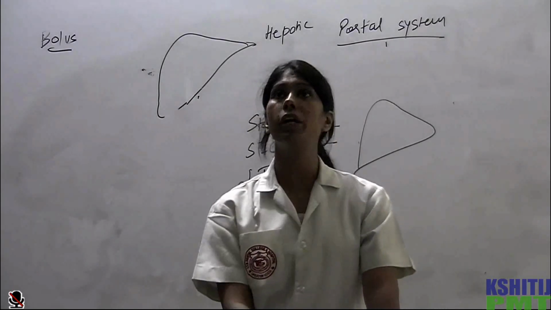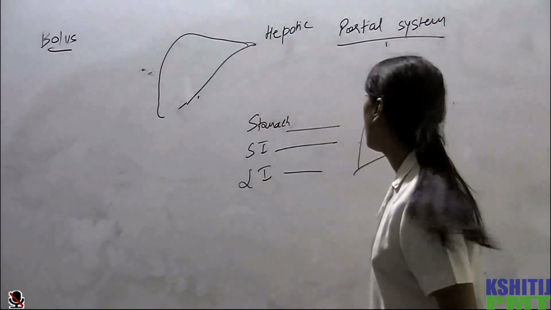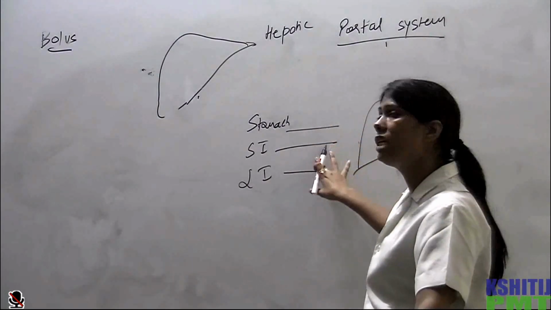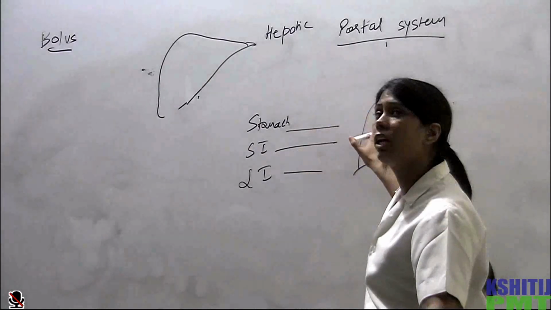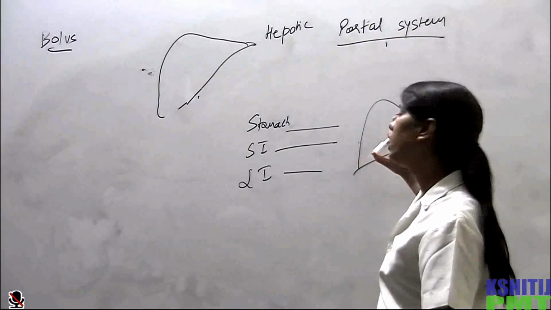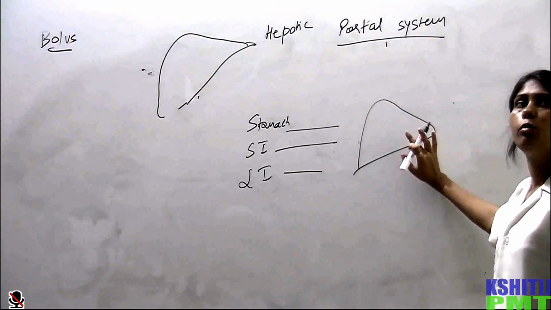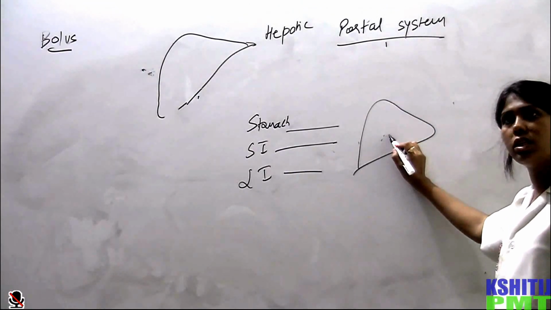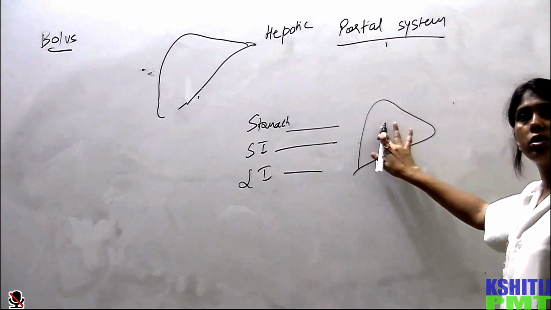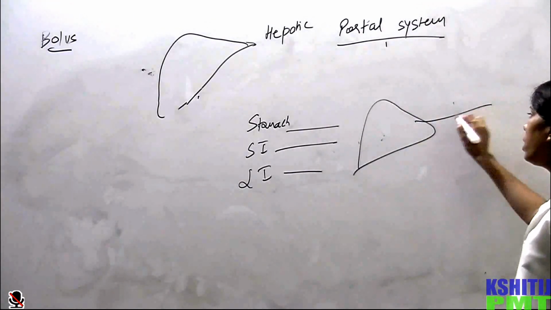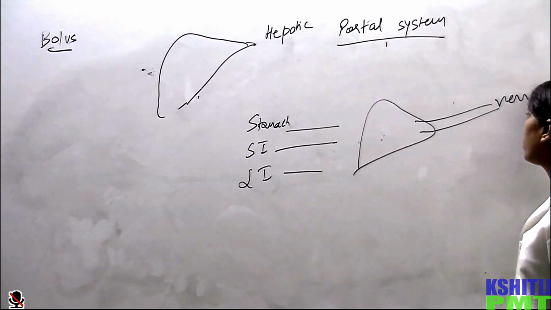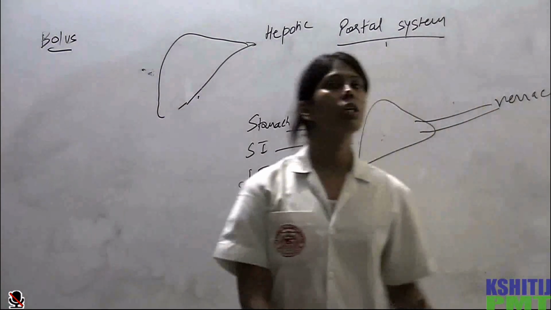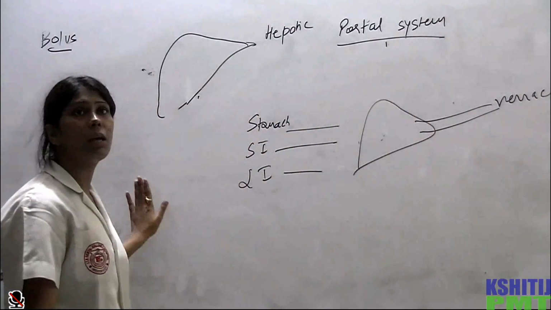So for avoiding this situation, we have this portal system: all the blood from these three parts, instead of draining into the vena cava, will drain into the liver, and the liver will check it for toxicity and remove it, and then from here it will enter the vena cava. So this is called the hepatic portal system.